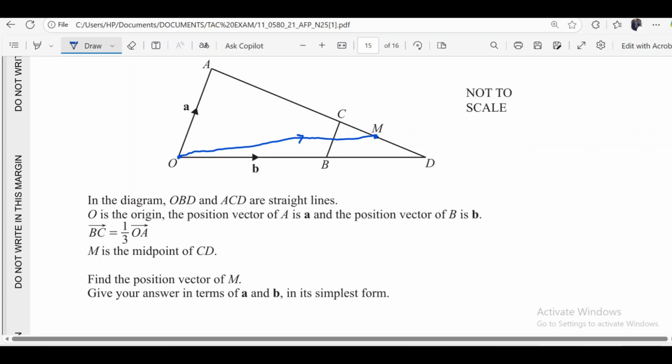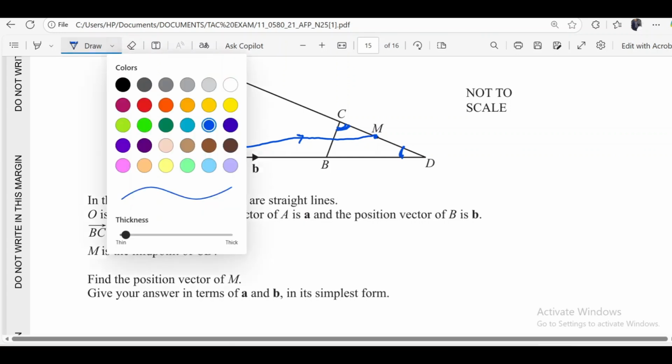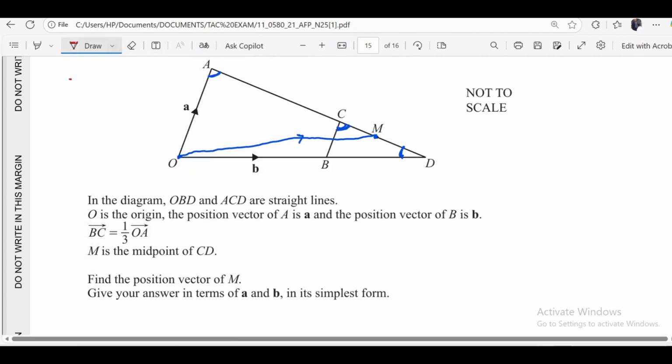So if they are parallel, we can also use that to look at the triangles, the triangle DCB and the triangle DAO. They are similar. If you look at this angle, D is common for both triangles, and this is going to be equal to this here, and then let's use a red marker here, and it means this is going to be equal to this.